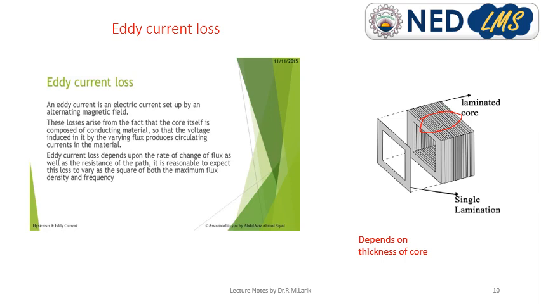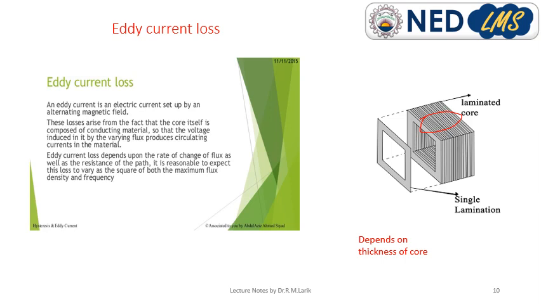So if we laminate our core, that is, we cut our core into thin lamination pieces, the current will be minimum in each and every lamination of the core. As soon as the laminations are thin, the current will be minimum. We know that thinner conductors have lesser diameter, so they allow less current.